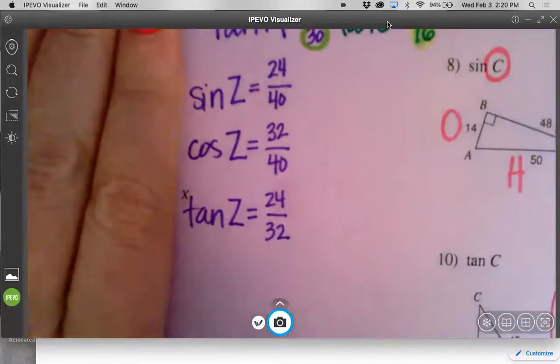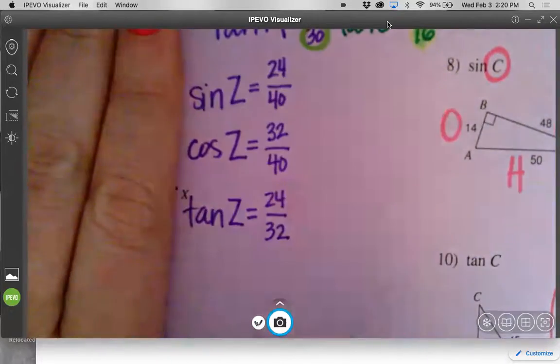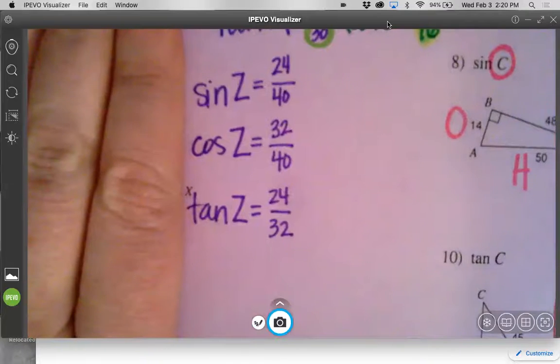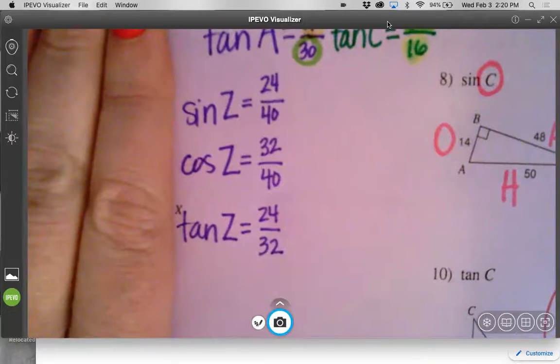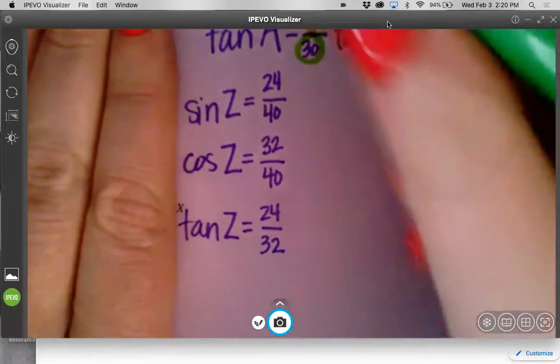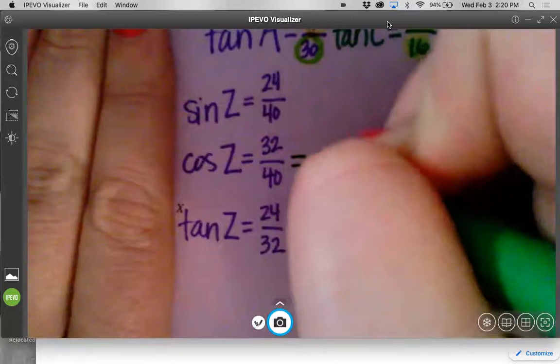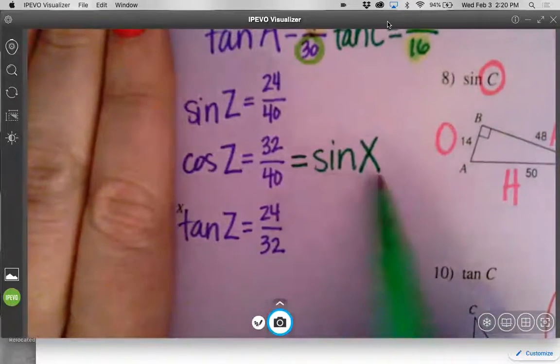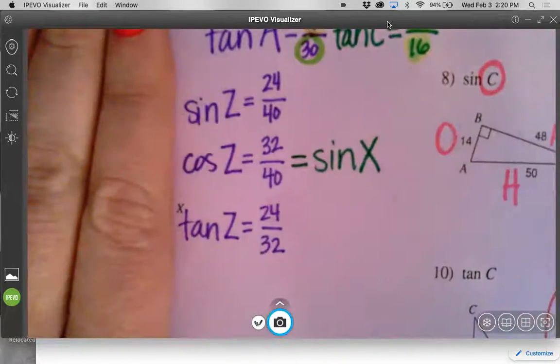What's my other angle? My other angle is X. Which one will be equal to the sine of X? So X is your other angle. Good. So cosine of Z. So we're just going to put over here equals sine of X. Those two, the sine of one angle and the cosine of the other angle, are going to be the same amount, same value, same number.